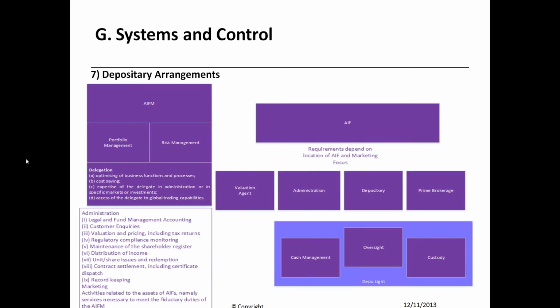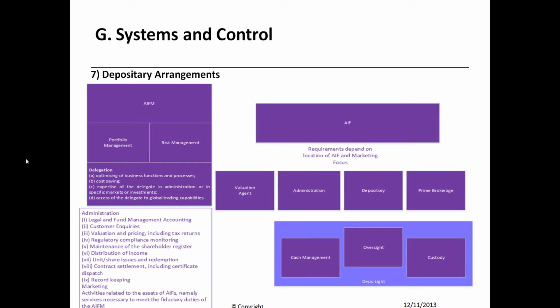So I think the point we're trying to make, obviously, if you're full scope with an AIF in a jurisdiction in Europe, you have to ensure that the depository is appointed in the same jurisdiction as the fund, and it has to provide the appropriate services. If you are a non-EEA AIF, you have the option of going through the depository light, which essentially suggests that the depository provides the oversight of the cash management and custody activities on behalf of the AIF, with oversight of the AIFM.